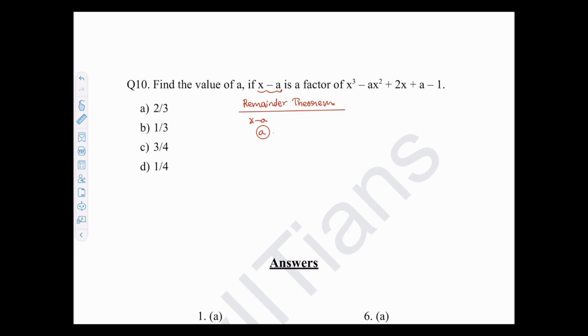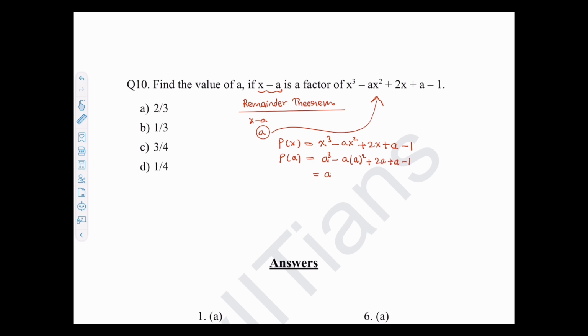Now we have to plug in this value of A in this polynomial. Our polynomial is P of x equals x cubed minus ax squared plus 2x plus a minus 1. So let's put in a over here. So we will replace every x with a. So we will be getting a cubed minus a multiplied with a squared plus 2 multiplied with a plus a minus 1.